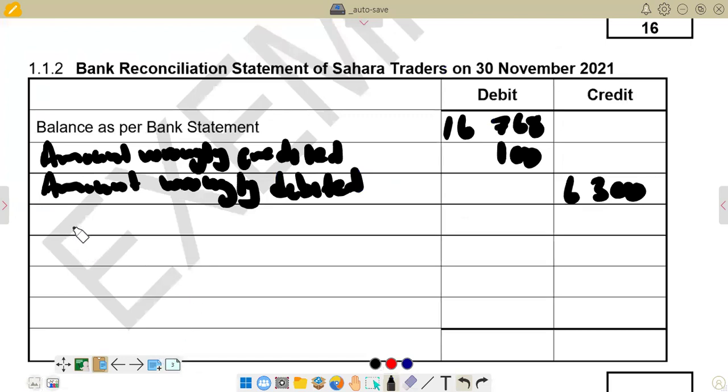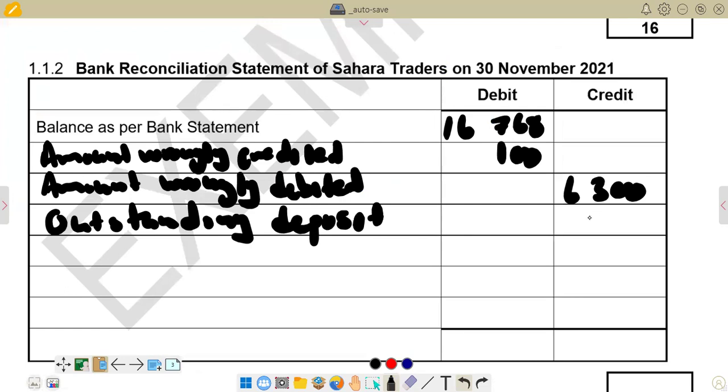So we are saying our 6,000, we are saying outstanding deposit. Put 6,000 on the credit side. Then we also have another amount that we have to enter there. Just go right back there, see.